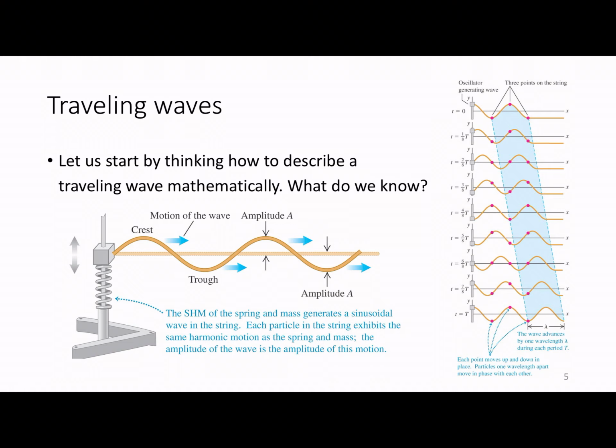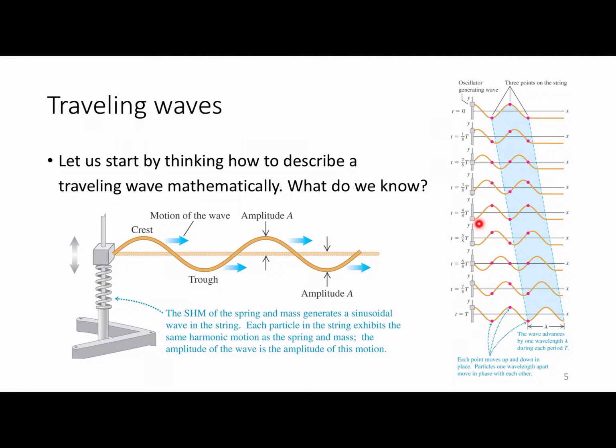One is that if I take a look at my y equals 0 point, it starts out at maximal, goes down, goes negative, comes all the way back up, and eventually comes back. So at a given point on the string, it looks like a simple harmonic oscillator, and that means it's characterized by a period, capital T.